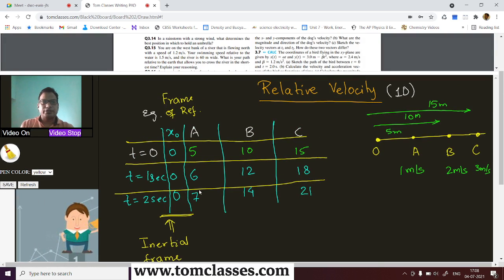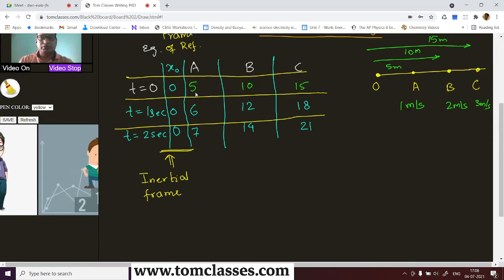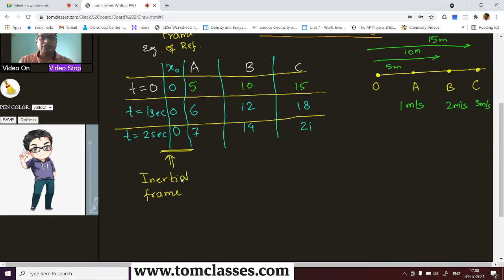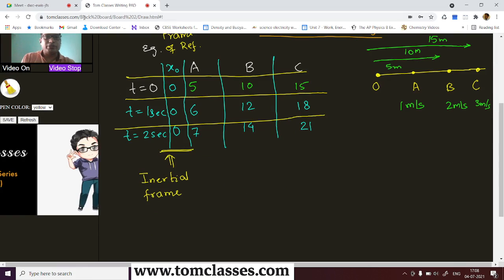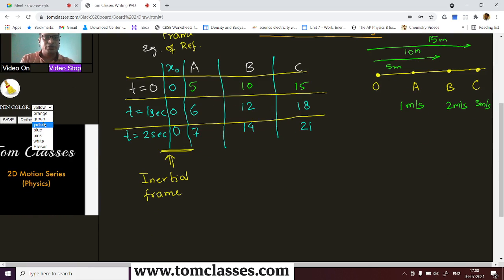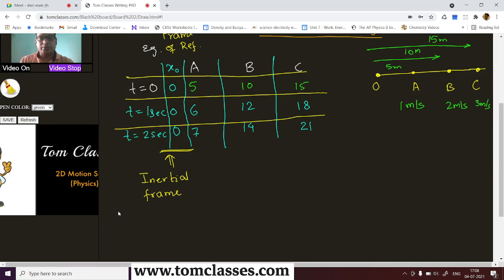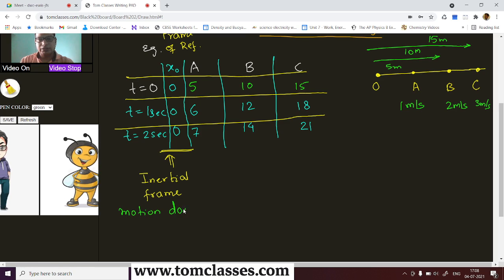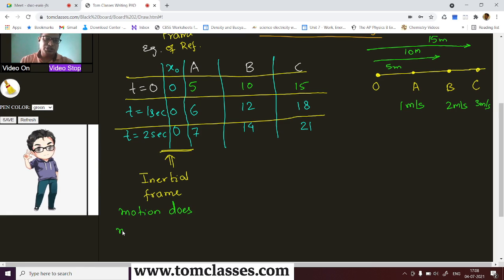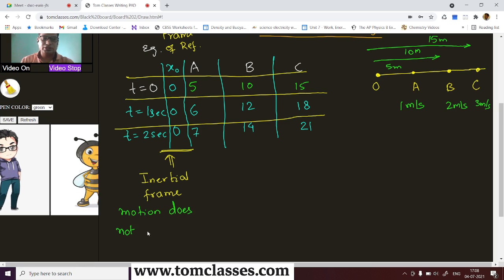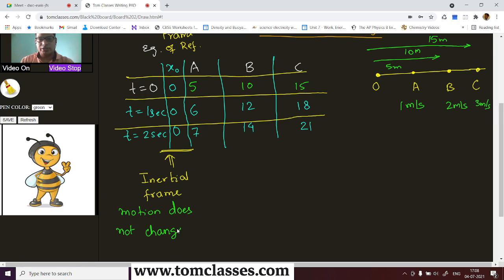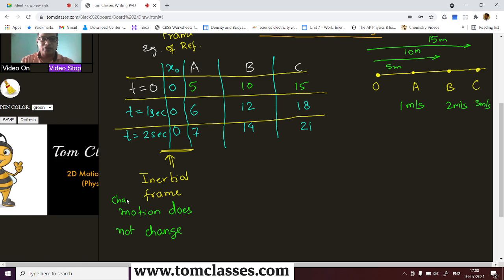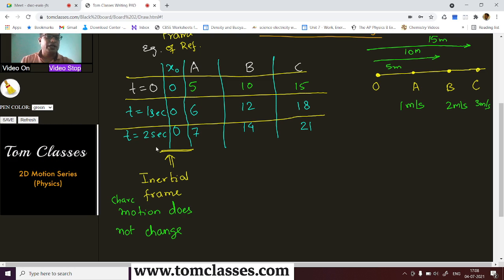Such a frame is known as an inertial frame, and the characteristics of the motion do not change in the inertial frame.